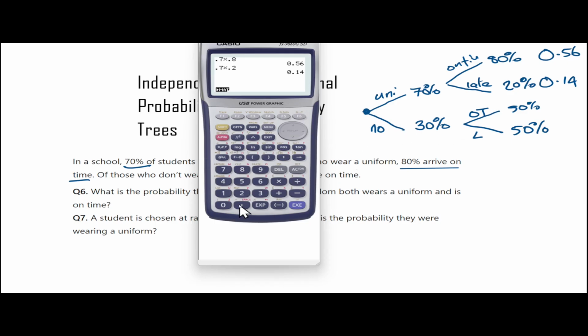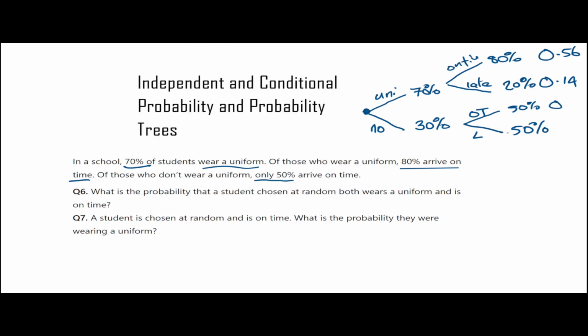So 0.3 times 0.5 is 0.15. And it's going to be exactly the same for that because it's the same probabilities. Okay.